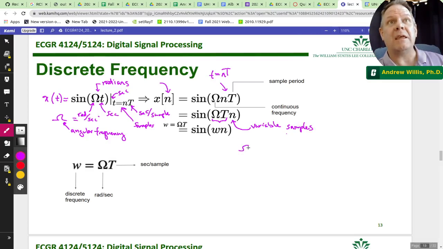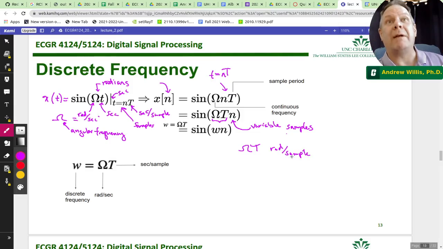And omega T, what units does that have to have? If the argument of the sinusoid must be radians and n has unit samples, what does omega T have to have for units? Radians per sample.